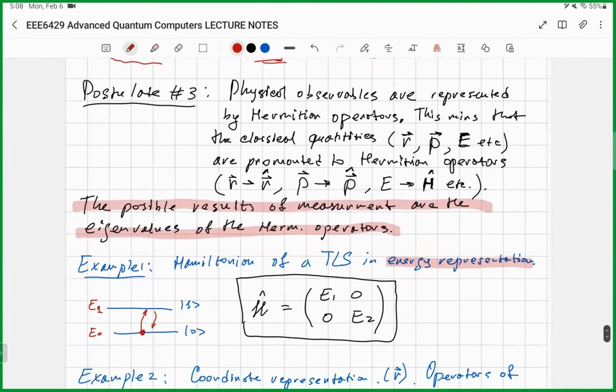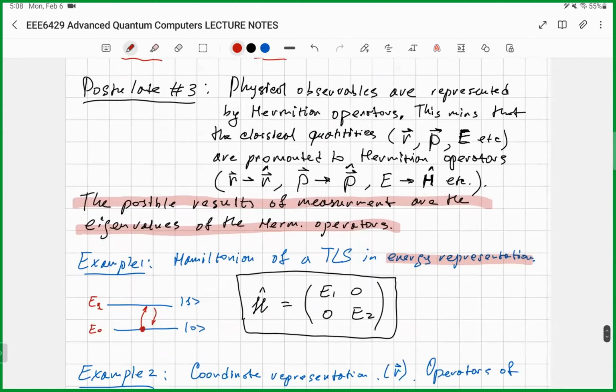So the next postulate says that in order to describe a quantum system, we substitute the classical quantities like coordinates, momentum, energy, etc., by their operators, Hermitian operators in the Hilbert space.